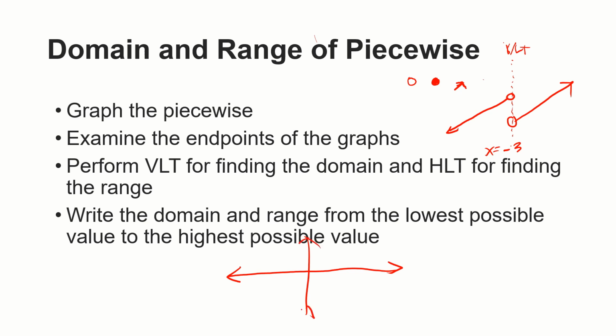The lowest possible value of x will start at negative infinity of x, so you need to look from this side towards this side when you are determining the domain of a function. And when you are determining the range of a function, this is the negative y, this is the positive y, you need to look at the lowest possible y value, meaning from negative y to positive y.